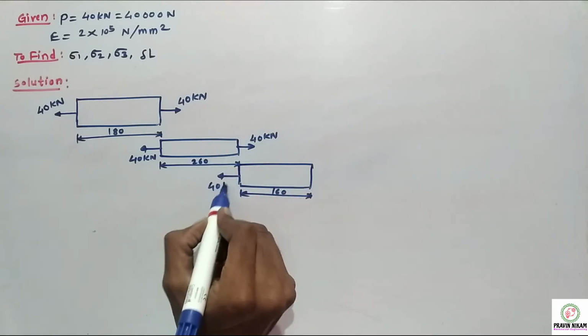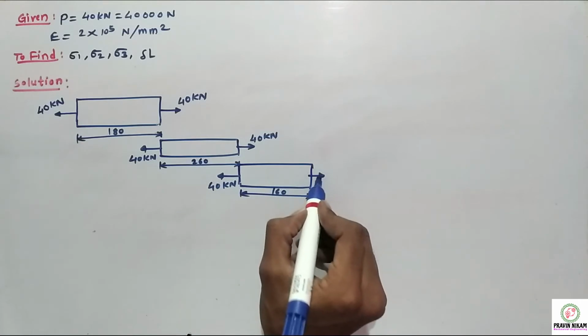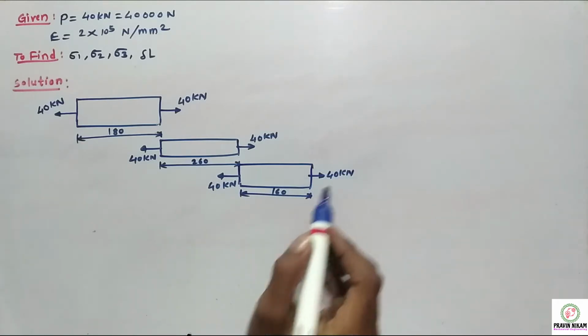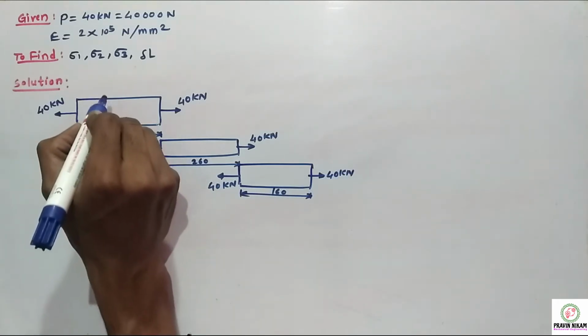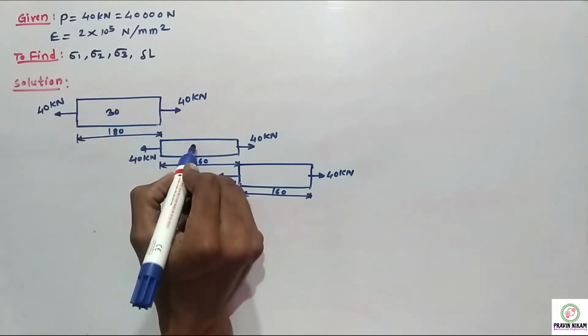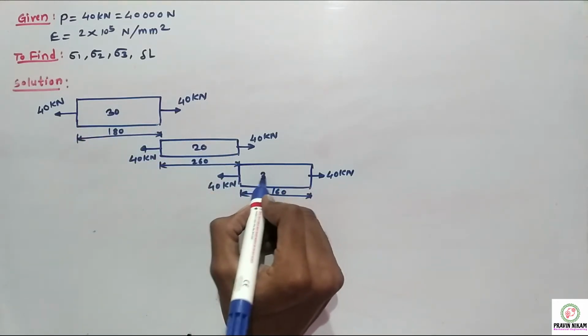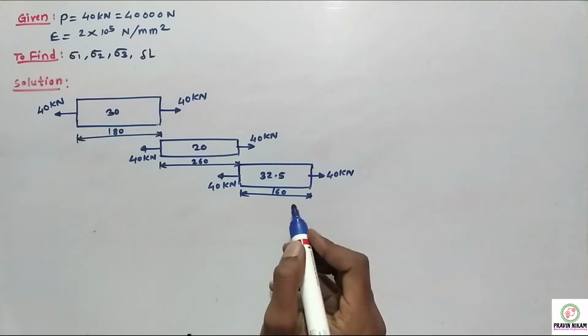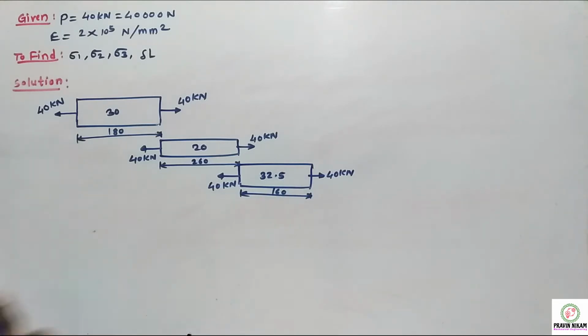At every section the load is same, 40 kilonewton. Now the diameter of this section is 30 mm, diameter of this section is 20 mm, and diameter of this section is 32.5 mm. So we have to find out stresses.